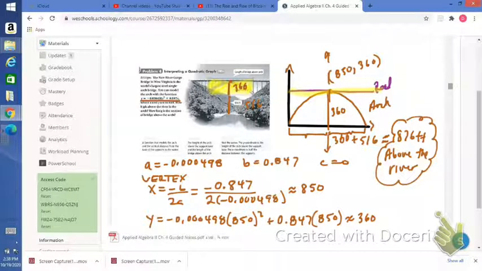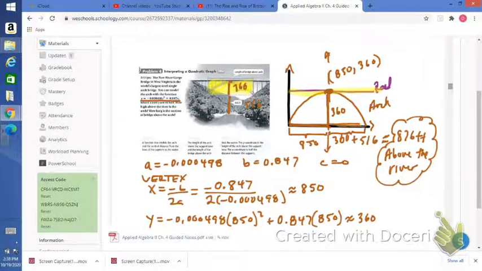So the total distance is going to be what? Well, we know that this distance right here is 850 feet, because that's the x-coordinate of our vertex. So we go over 850 and then up 360. So this distance right here is 850.